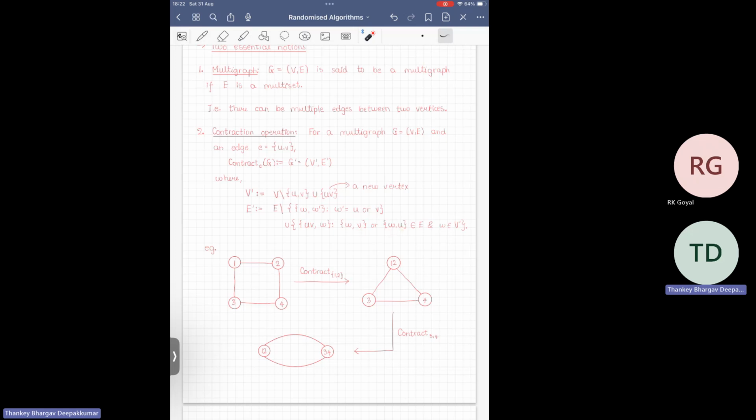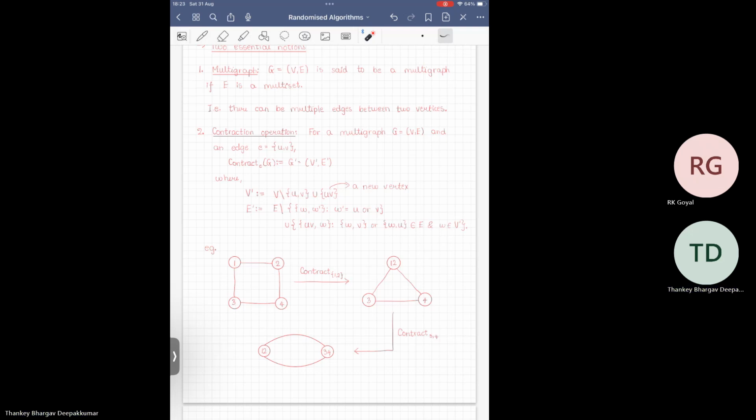Then I'm adding an edge between w and this new vertex uv, but I'm only doing this if w is in V prime. What does that mean? Suppose w was u, then I would have to add an edge between uv and u, but u doesn't even exist. So all I'm saying is the following.